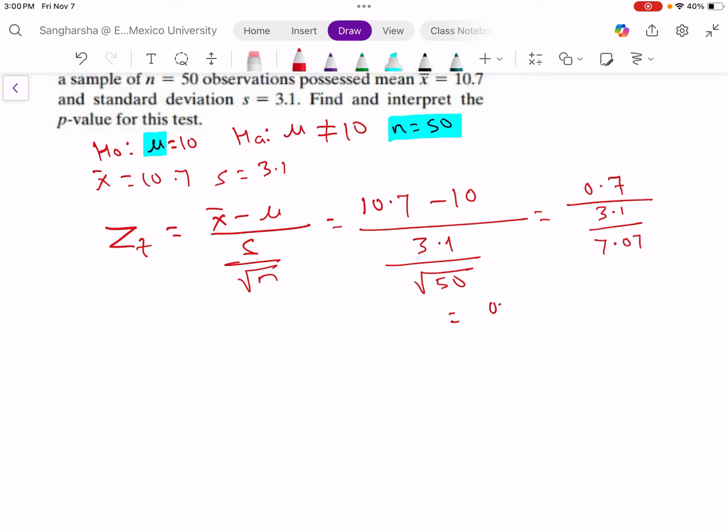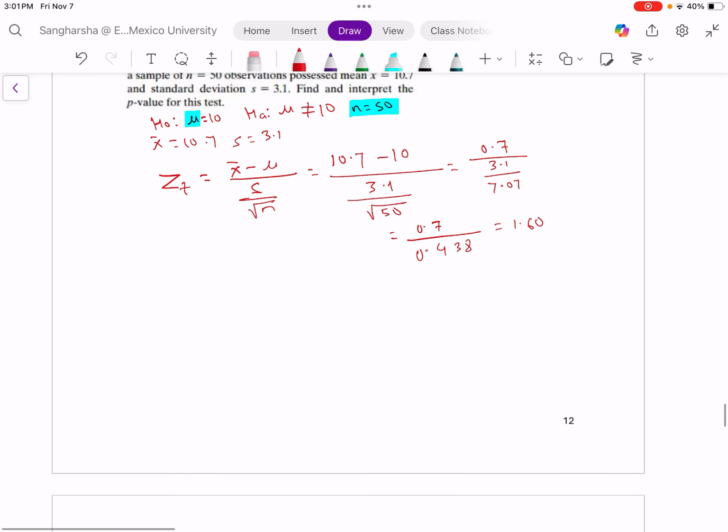So this is 0.7 over 3.1 divided by 7.07, that is 0.438. 0.7 divided by 0.438, that is 1.598, which is 1.60. So this is our test statistic.